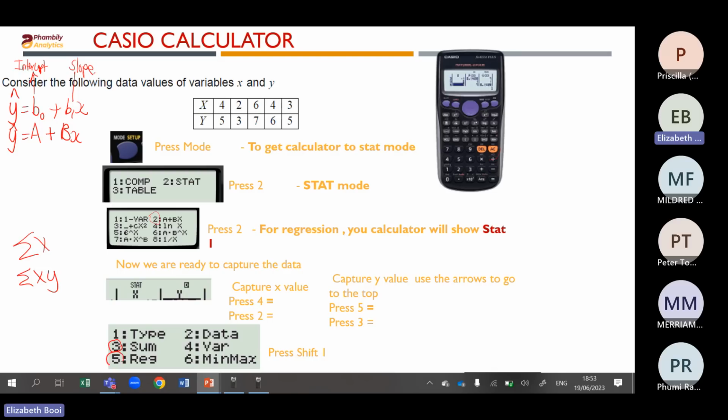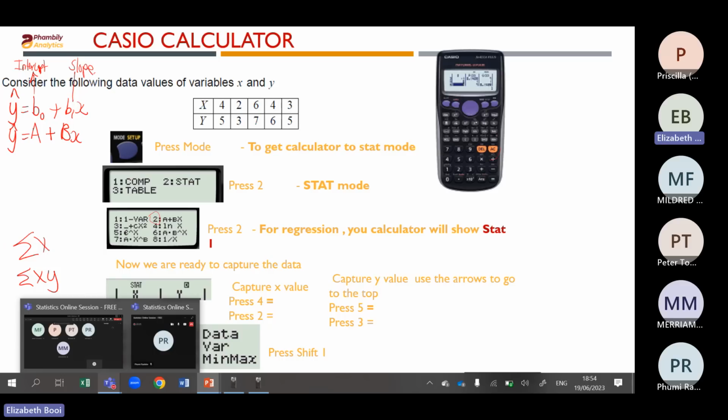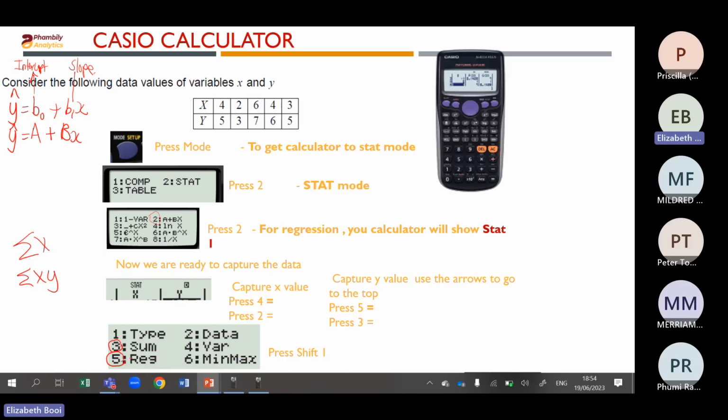For all the regression, we're going to press button number 5 because we're dealing with regression. If you want to find your summation measures, you will press button number 3. If you want to answer the questions relating to the regression, you're going to press button number 5. So we're going to press button number 5 for our exercise.